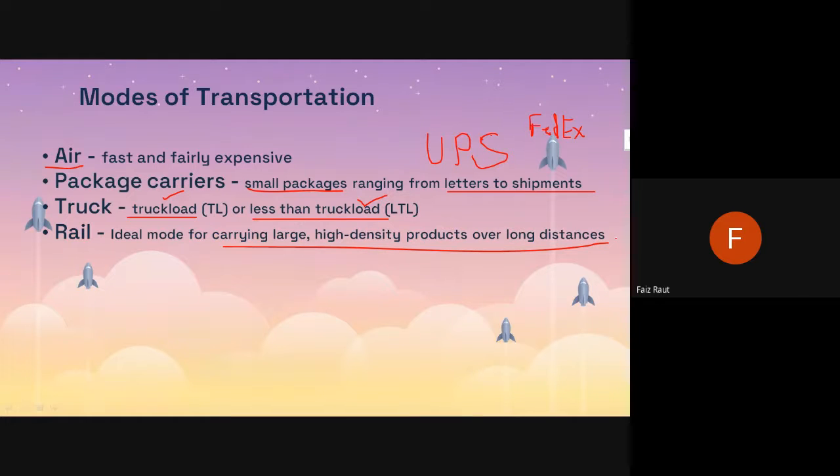For high density goods or long distances, if I book a truck, it will be very costly, and also very risky. When your truck is on the road, accidents happen a lot. Breakdown of the vehicle happens a lot. Anything can happen, so it is very risky on the truck.